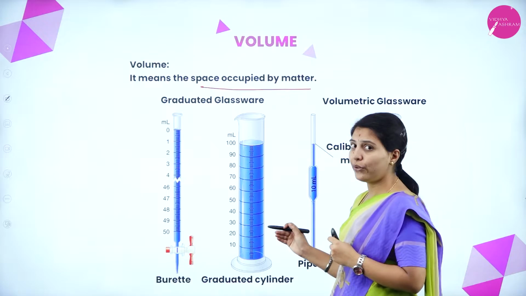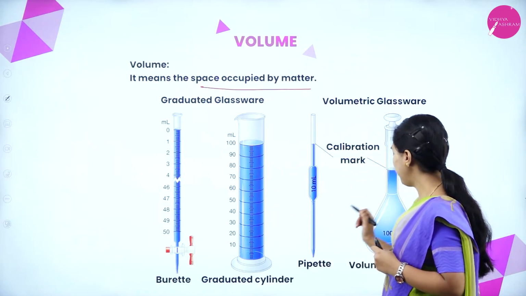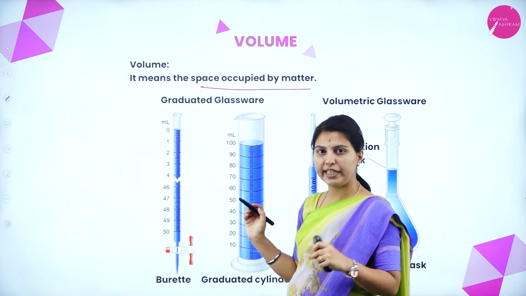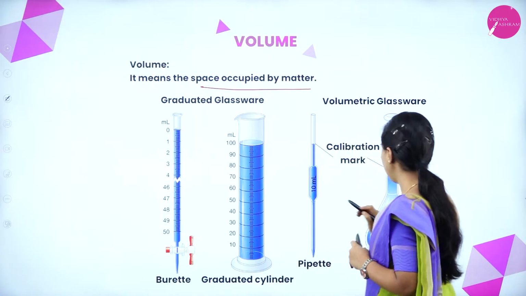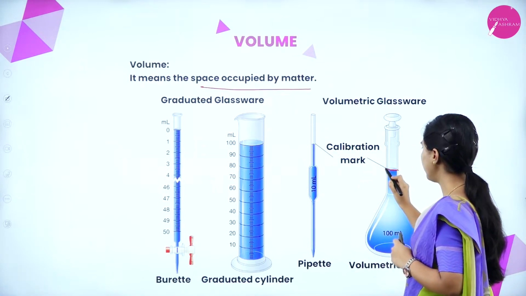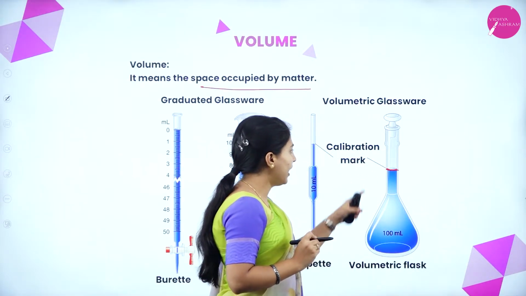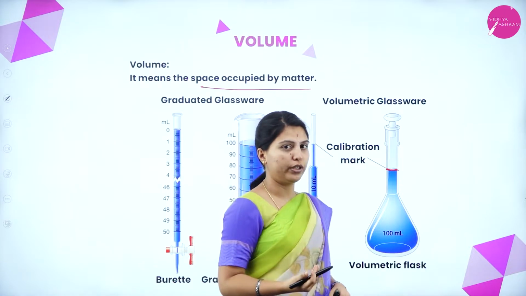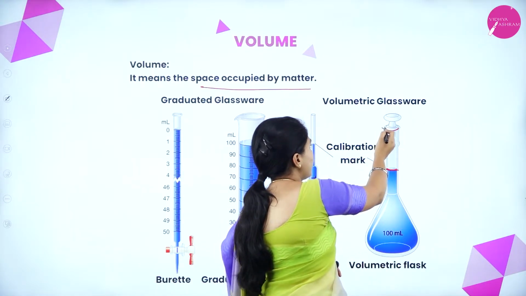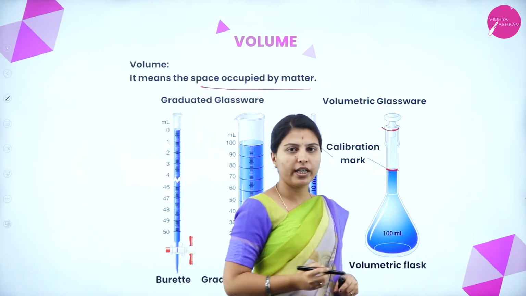It is not an accurate thing, it shows a precise measurement. But pipette, volumetric flask and burette will show accurate measurement of any volume. And this is a pipette and this is a volumetric flask. If you put any solution till the mark, that mark is called the meniscus, you will get the accurate level of how much you want. If it is 100 ml, you should not pour the solution till the neck, only till the mark. Okay.